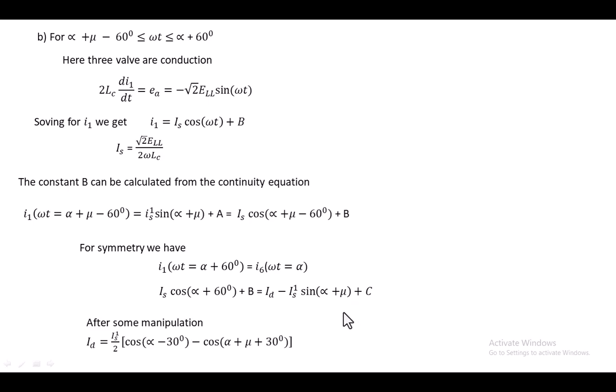If you solve all these equations, finally we got an expression for the Id, nothing but the DC link current, equal to Is by 2 into cos of alpha minus 30 degrees minus cos of alpha plus mu plus 30 degrees. But remember this equation, this is the equation for the DC link current when the overlap angle is more than 60 degrees. We are going to use this equation in the further explanation.